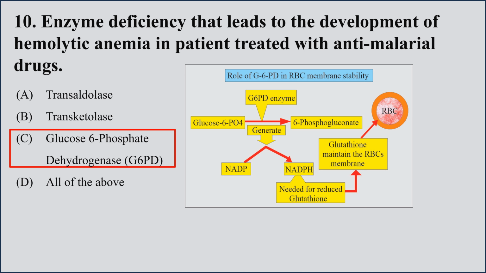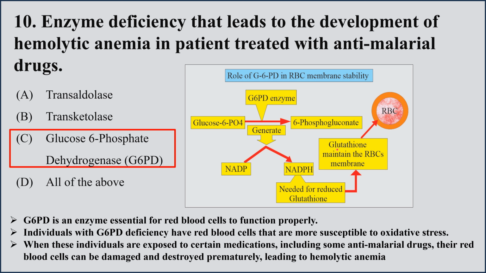This is because, as I previously explained, the G6PD enzyme is used for the reduction of NADP into NADPH, and NADPH reduces glutathione. Then reduced glutathione reduces the oxidative stress of the cells.